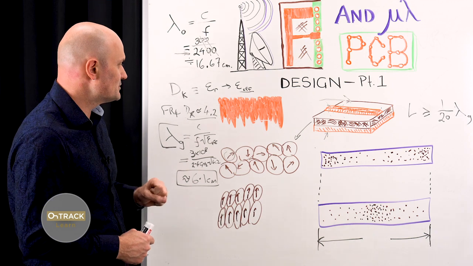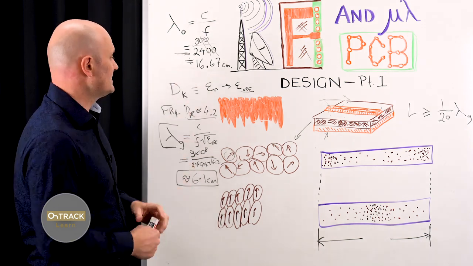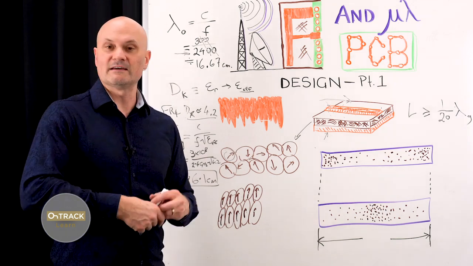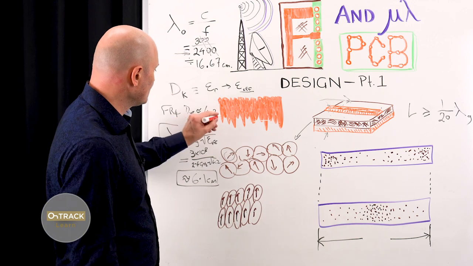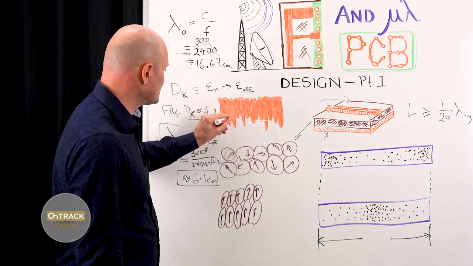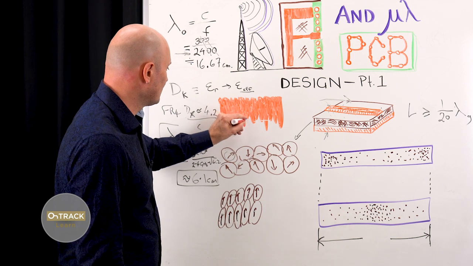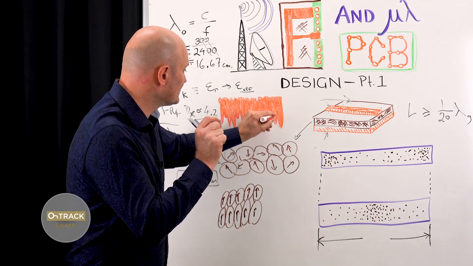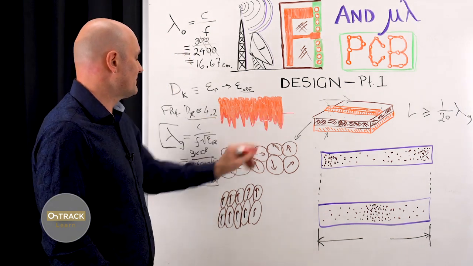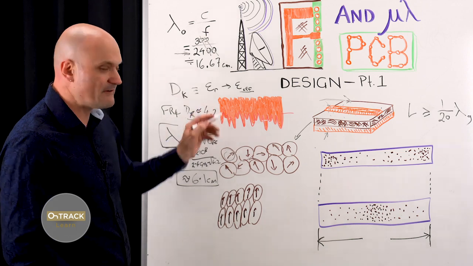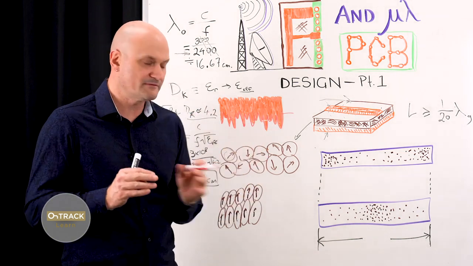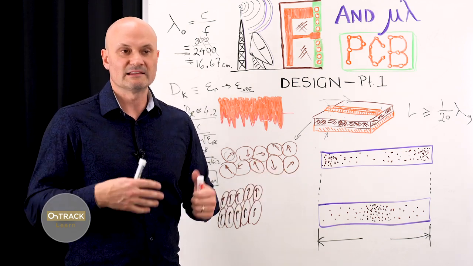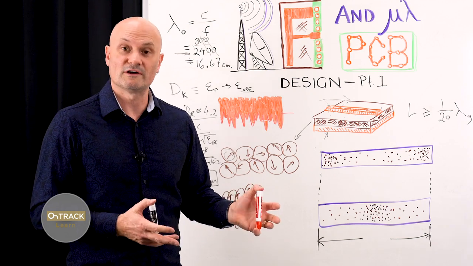But that causes a problem too, because at very high frequencies, particularly microwave frequencies, this thing called the skin effect, and again we'll talk about it more in a future episode, causes most of the signal to travel just in the extremely thin surface of the copper, and that surface roughness effectively increases the length of the transmission line significantly and leads to pretty significant losses.